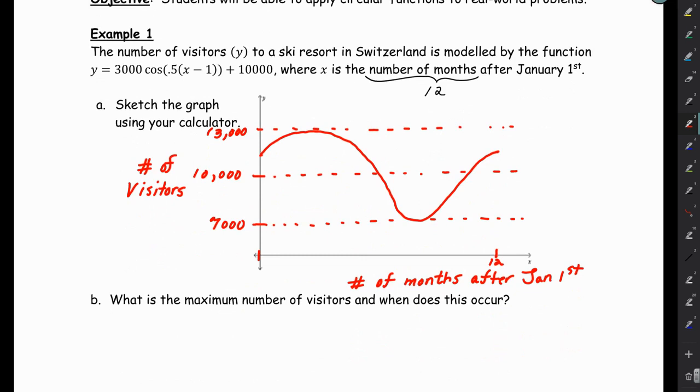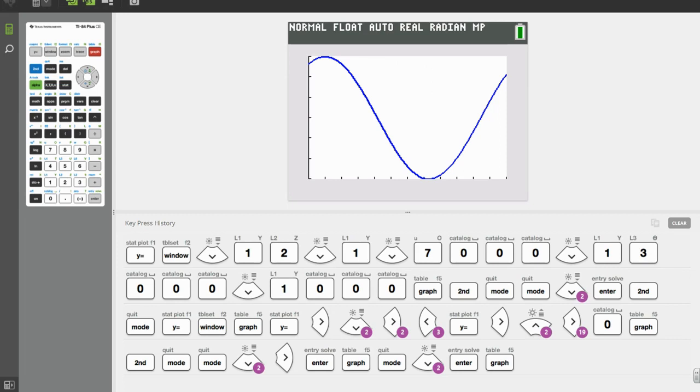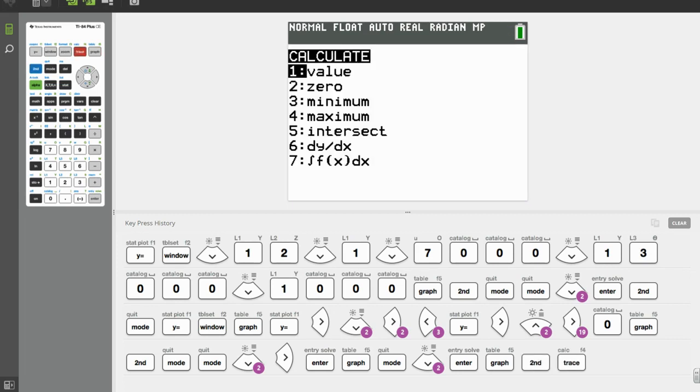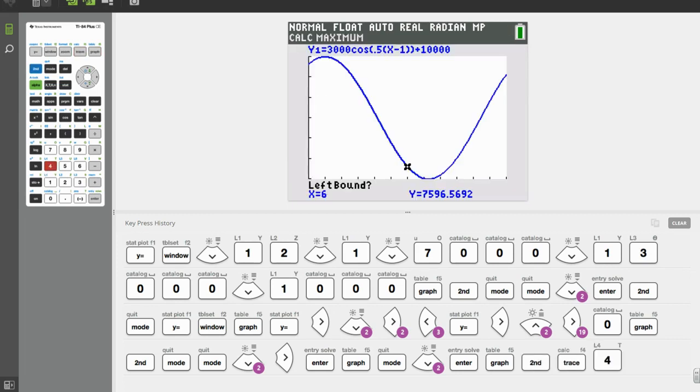What is the maximum number of visitors, and when does this occur? So we want to just look at the maximum for the curve that we drew. This is our maximum. This is our minimum. So we're going to go back to our calculator. We're going to go to second trace, and we're going to find the maximum, number 4, and we're going to move our little spider a little to the left of that maximum value.